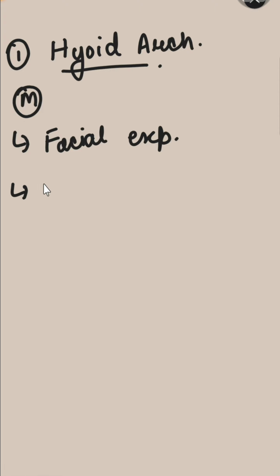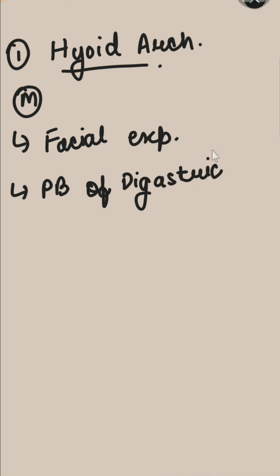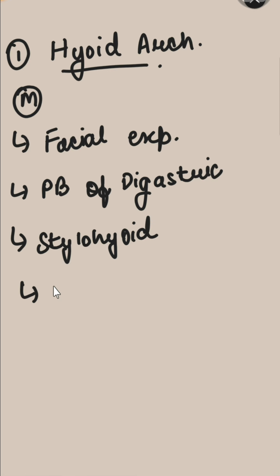Then we have the posterior belly of digastric muscle. In the first arch we had the anterior belly of digastric, here we have the posterior belly of digastric. Then we have the stylohyoid, and we have the stapedius. These are the muscular derivatives of the hyoid arch, that is the second arch.